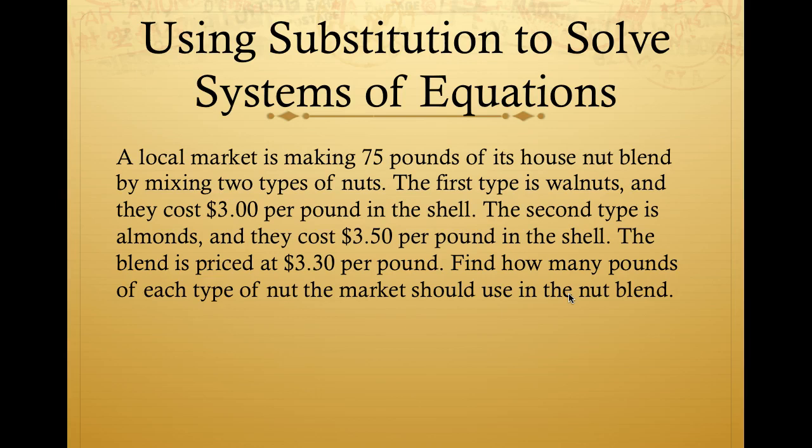In this problem, we need to first identify what the two equations in the system are. The first comes from, you have a total of 75 pounds. So since we don't know the number of pounds of each nut, we would have one variable represent almonds and the other variable represent walnuts.